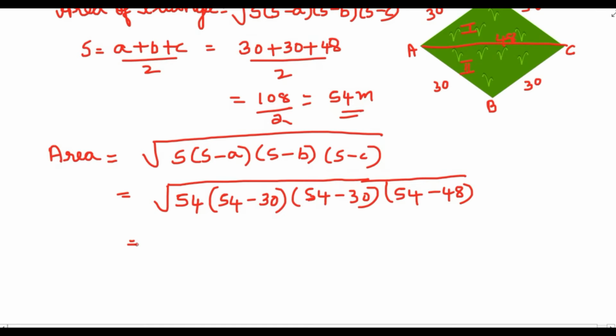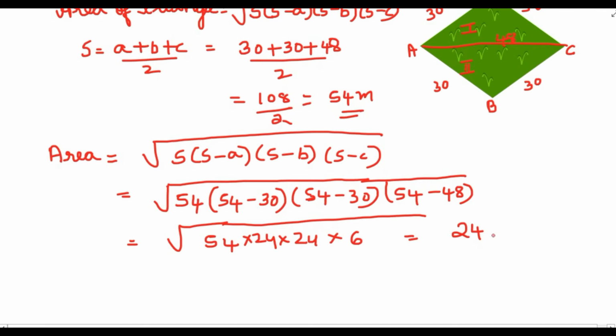So when you simplify this, we have square root of 54 into 24 into 24 into 6. So 24 you can take outside. We have 54 into 6. 54 we can write as 9 into 6 into 6. So one more 6 and square root of 9 is 3.